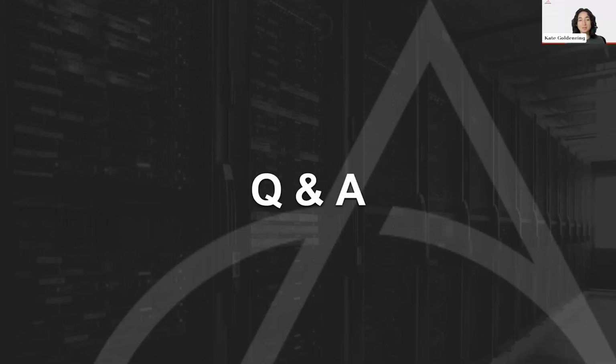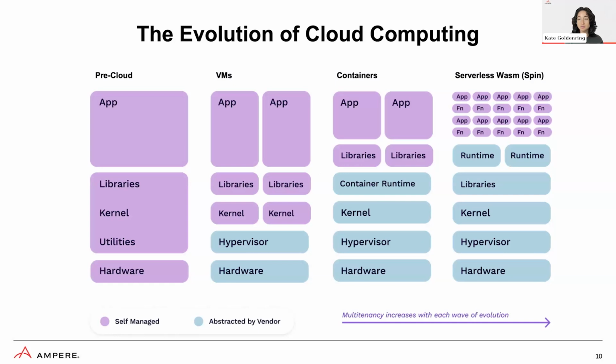Sure. For testing scaling limits of SpinCube on Ampere hardware, one thing to mention is that SpinCube comes with multiple different executors. The default open source executor is the containerd shim, which essentially means that instead of containerd executing a container, it's executing a WebAssembly component, or a Spin app in this case. What that means is you're somewhat limited, scaling wise, to normal Kubernetes limits like the number of containers per node.